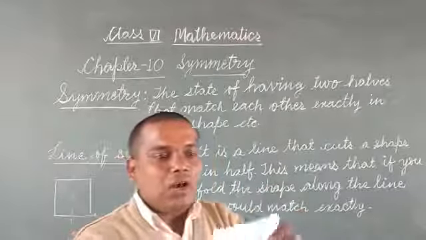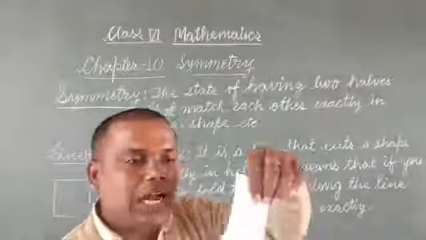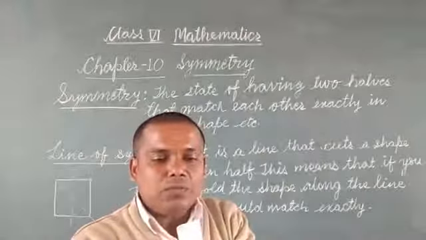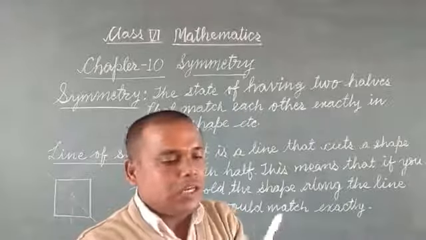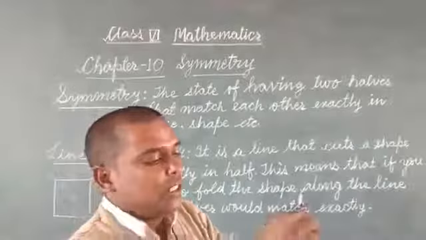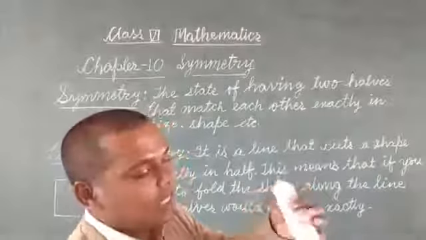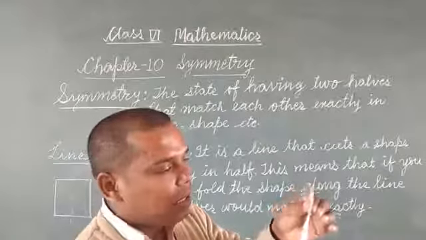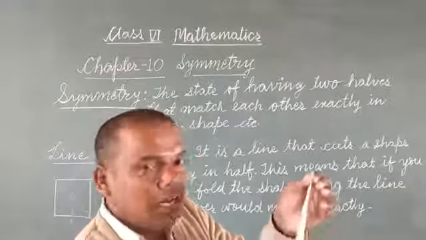Means along the length, our rectangle has 1 line of symmetry. Now I am going to fold it along the breadth. Sorry, along the length I am going to fold it. Earlier I had folded along the breadth. So now see, this half of the rectangle exactly matches this half. See here. So this crease is another line of symmetry.